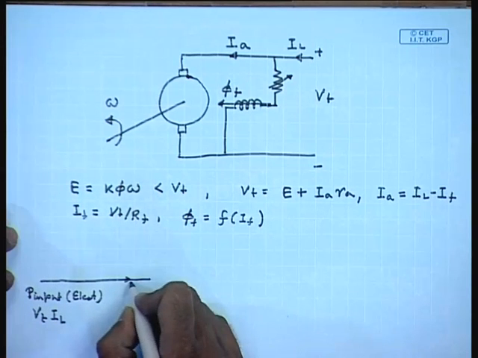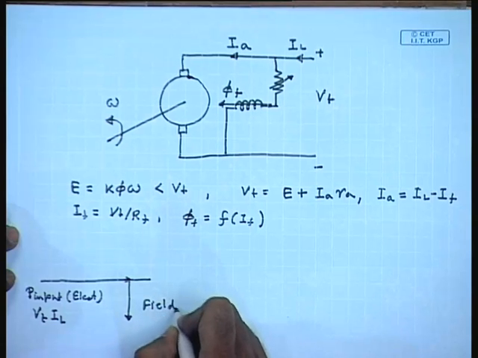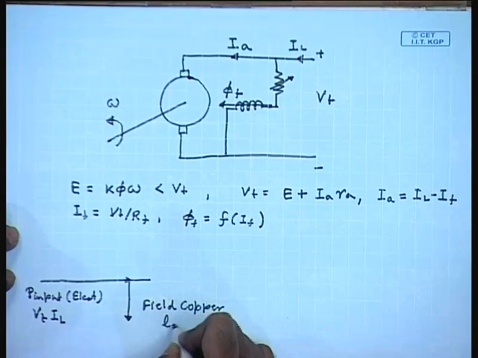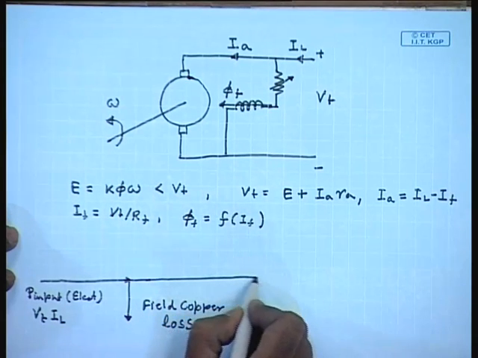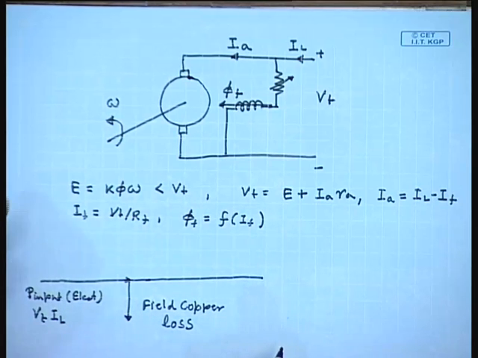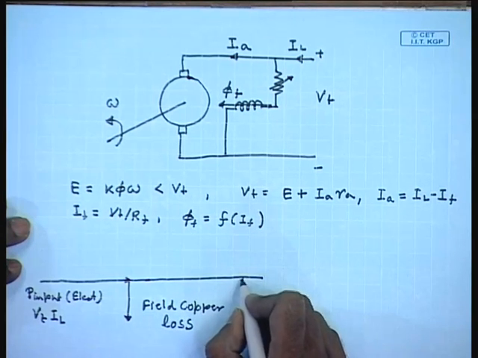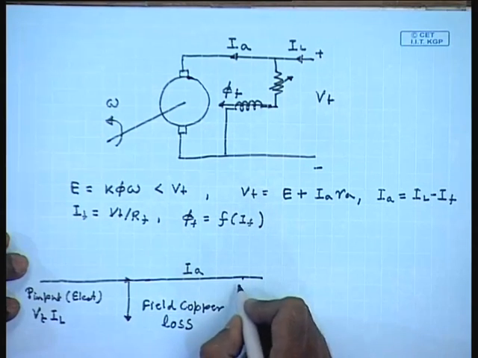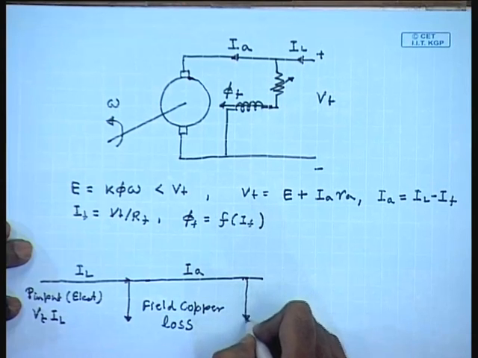The first loss encountered is the field copper loss. The next is the current here is Ia. Here the current was IL. Next is armature copper loss.